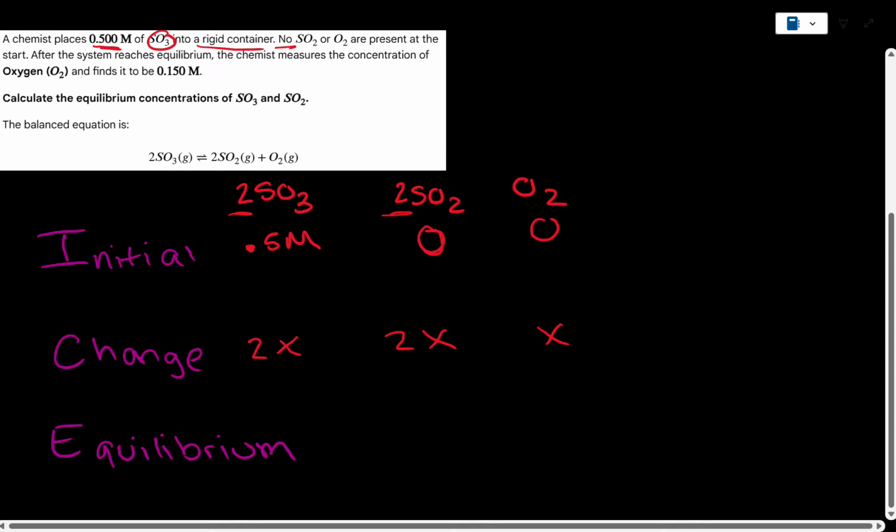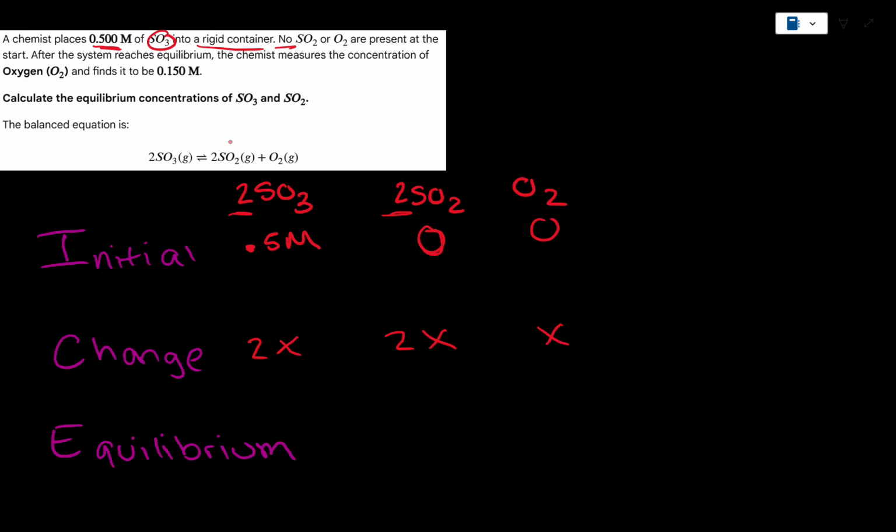And also, one last thing when dealing with change: for the products, which are these two right here, we're going to put plus x. And for the reactants, we're going to put minus 2x, because when a reaction occurs, the reactants are getting consumed to produce the product.